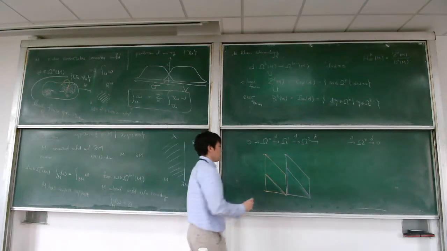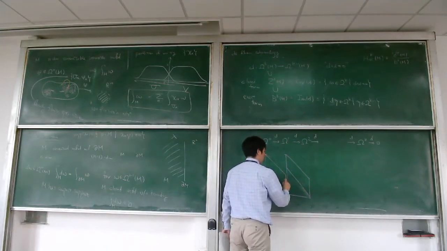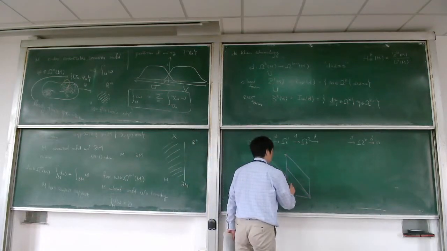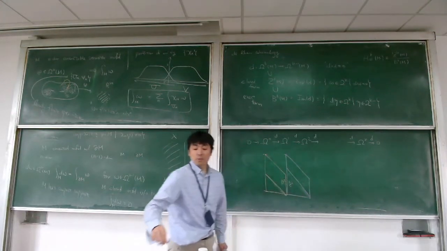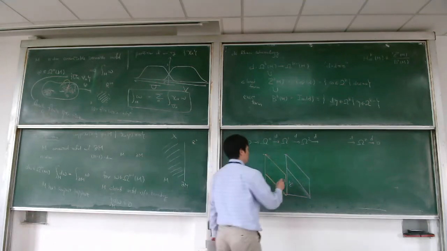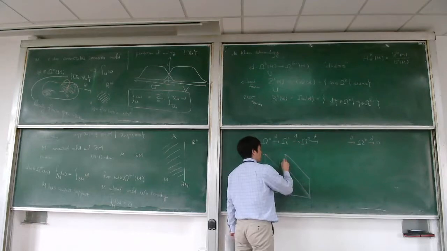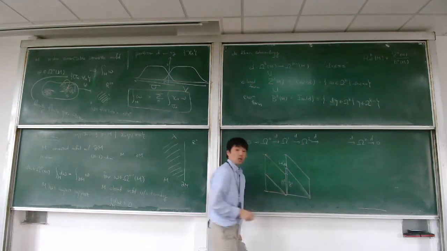So this part is B1, whereas this part is Z1. And the difference between them is the first de Rham cohomology.